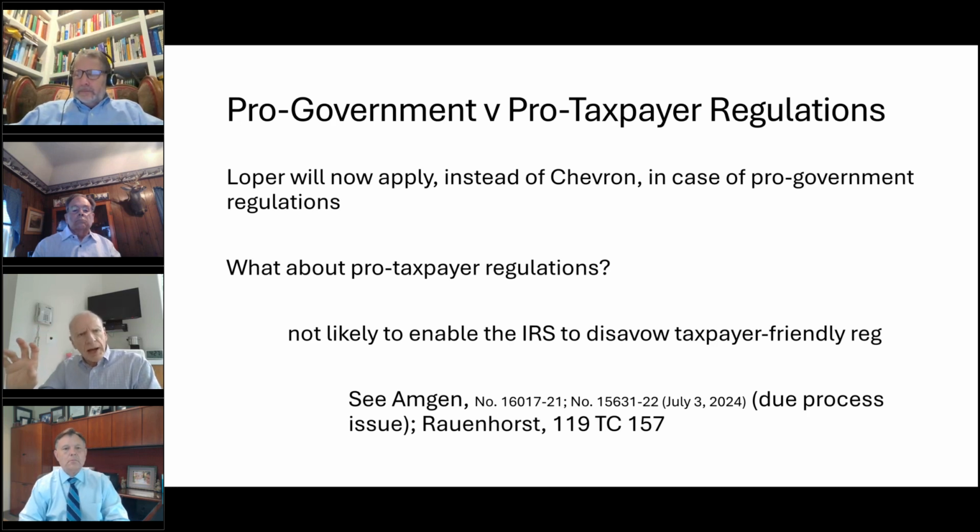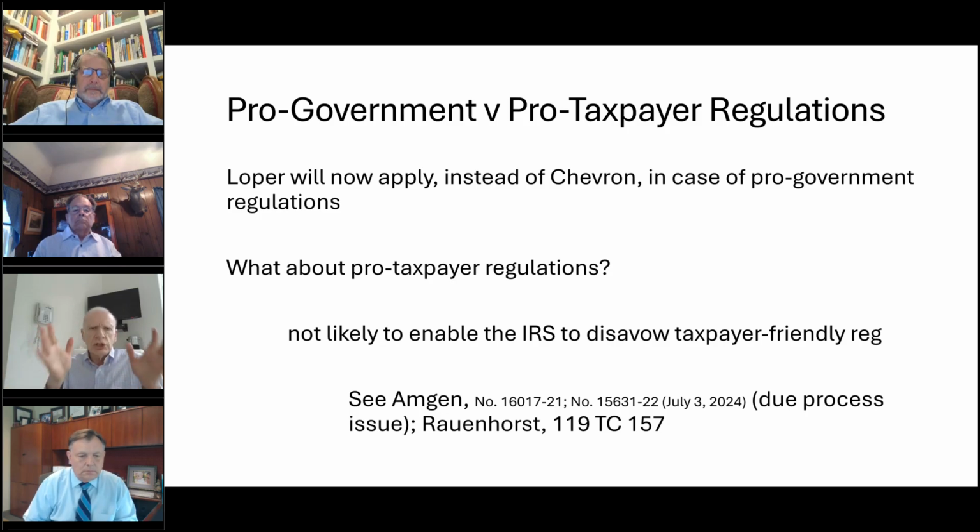That's what we're talking about: how the arguments made by you or your client against the validity of such a regulation are going to be impacted by Loper. That's what we're discussing.